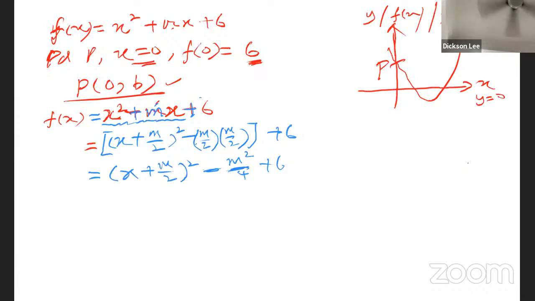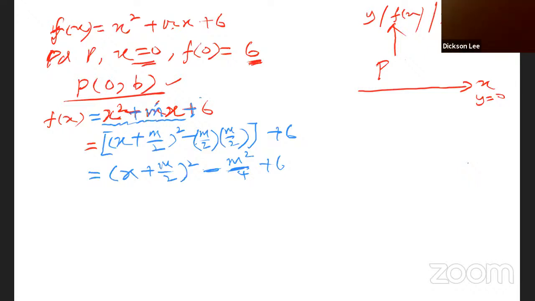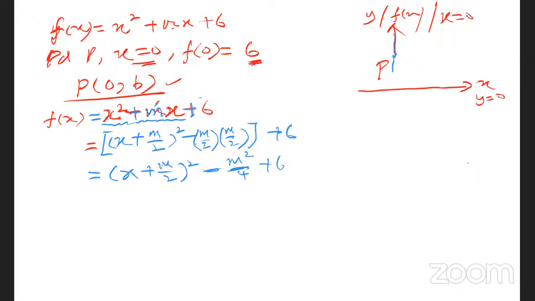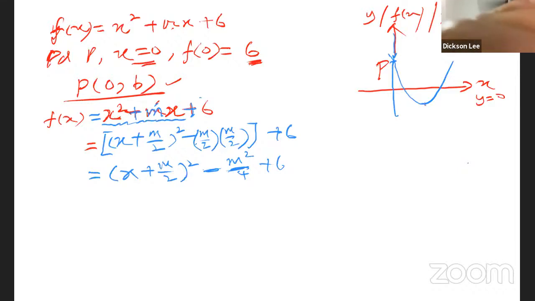This one should be minimum. If the curve is like that, it must be minimum. So what is the minimum here? Minimum is 3, isn't it? So the 3 is the axis of symmetry. So x equals 3, correct? Axis of symmetry. You got it?